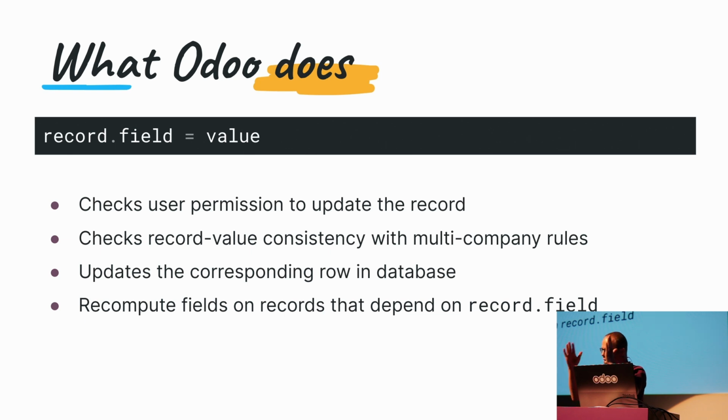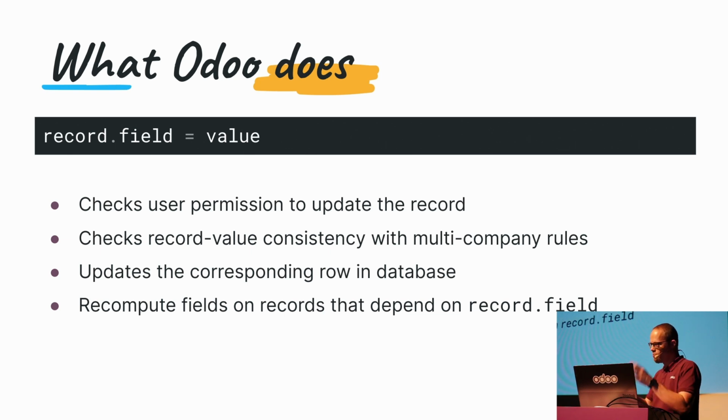Like if you're making a sales order, selling some stuff to a customer for one of your companies, the ORM will ensure that you cannot put a product in the sales order that's only available for another company. So you only sell products that are owned by your company and not another company handled under the same database. And it also updates the corresponding row in the database, of course.